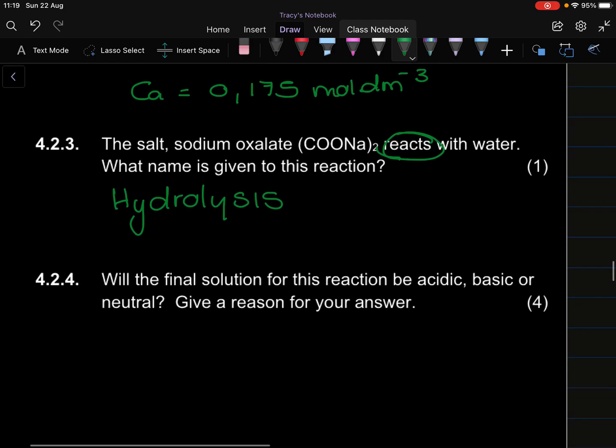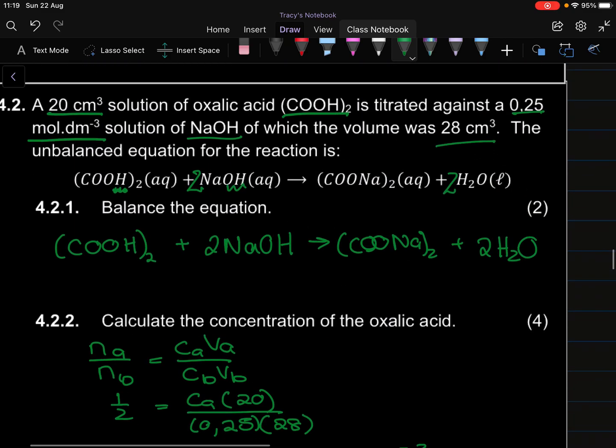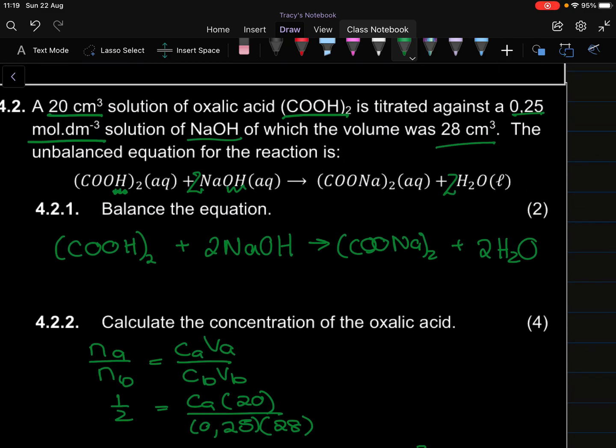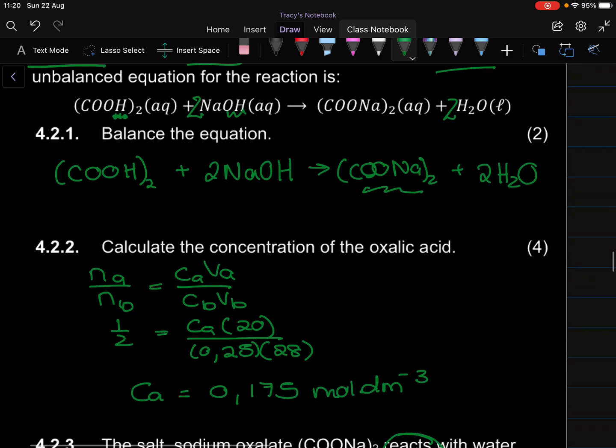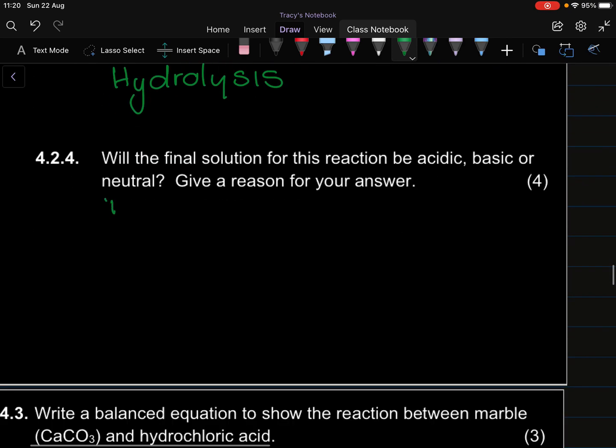Then they say, will the final solution of this reaction be acidic, basic, or neutral? So we go back here and we go, well, I've got a weak acid with a strong base. And they're telling you that this salt will react. That's my conjugate base. Okay, that means I'm going to get a basic solution.